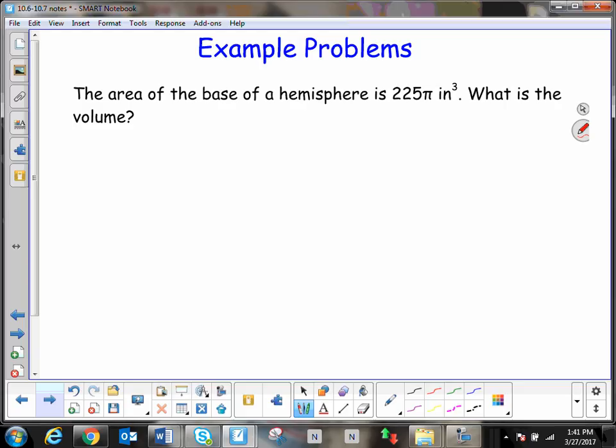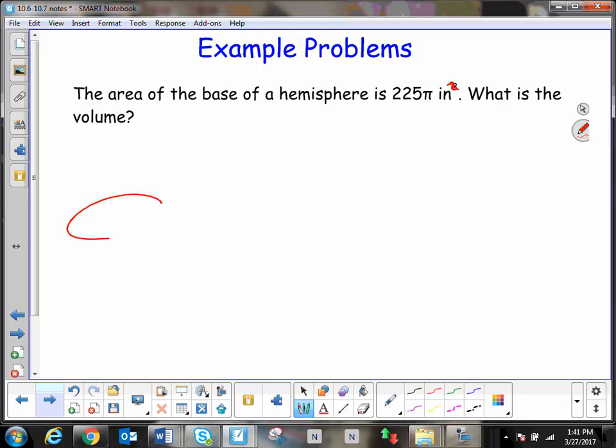Okay, the area of the base of a hemisphere is 225 pi. What is the volume? So what does a hemisphere look like? Like a dome, half of a sphere. Good.